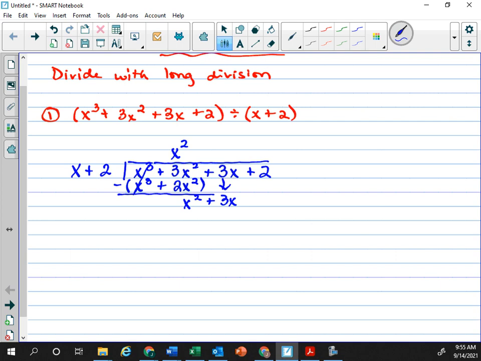And then you start the process over again. So I look, what do I take x times to get x squared? X. So I'm going to write plus x up here. And then I multiply, so x times x plus 2, that's going to give me x squared plus 2x.